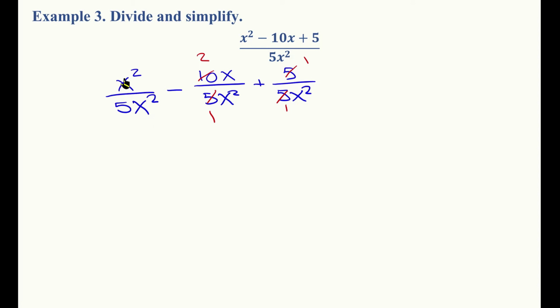But notice in this case, we have the same numerator and denominator powers, so we can just cancel those completely and be done with them. So they leave a 1. So for the first term, all we're left with is 1/5 because the x squareds canceled out completely as well.